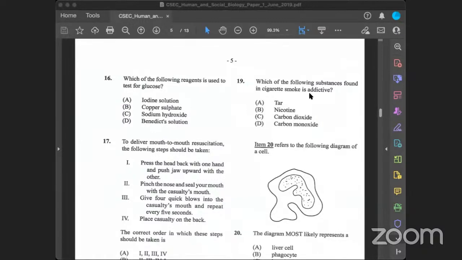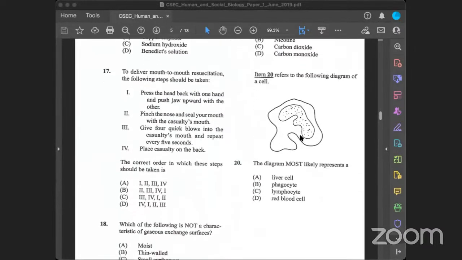The tar is what makes the lung look black after years of smoking. Nicotine is what makes the cigarette addictive. Arsenic is what makes the cigarette cancerous.